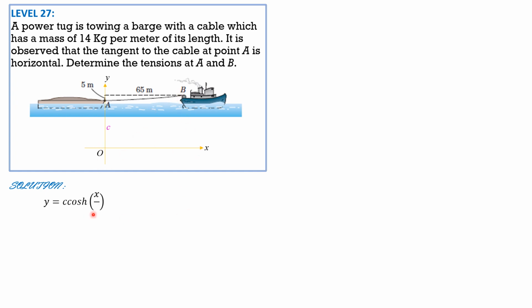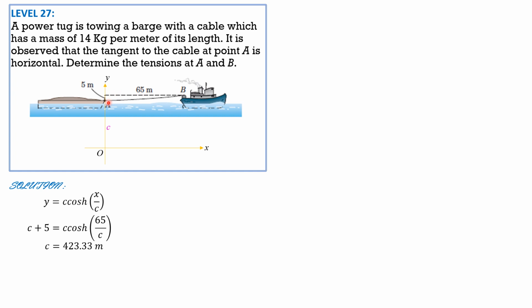So Y is C cosine hyperbolic x over C. Y at B, for example, is C plus 5, and x is 65 because this is the origin. So C plus 5 equals C cosine hyperbolic of 65 over C. Using the calculator, C is 423.33 meters.